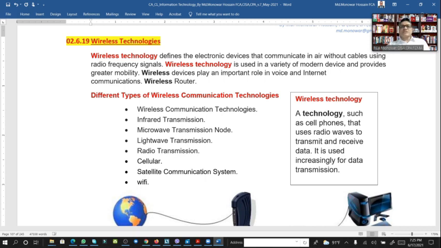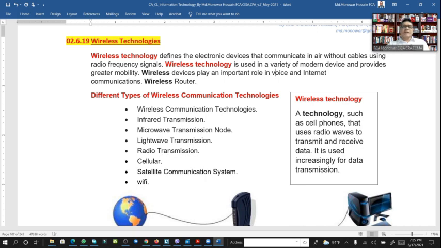Wireless technology is used in a variety of modern devices and provides greater mobility. And wireless devices play an important role in voice and internet communication.